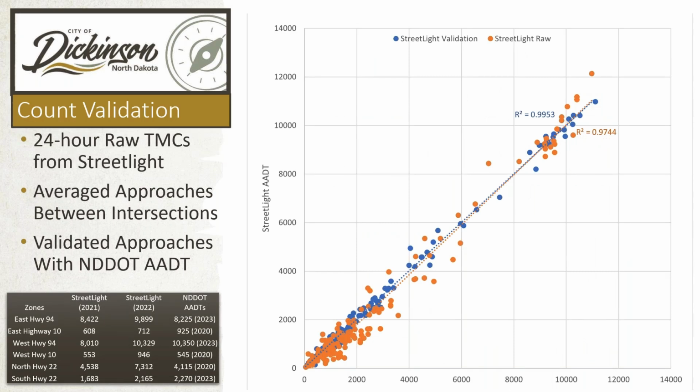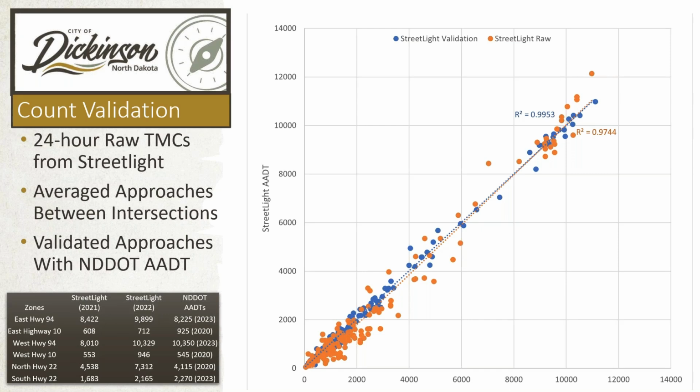But looking back at existing, as I mentioned, we did get those 24-hour counts from Streetlight, averaging those approaches between intersections to get AADTs. And then we did look to validate that with North Dakota's AADTs. And something to note here, that's a Streetlight specific thing.